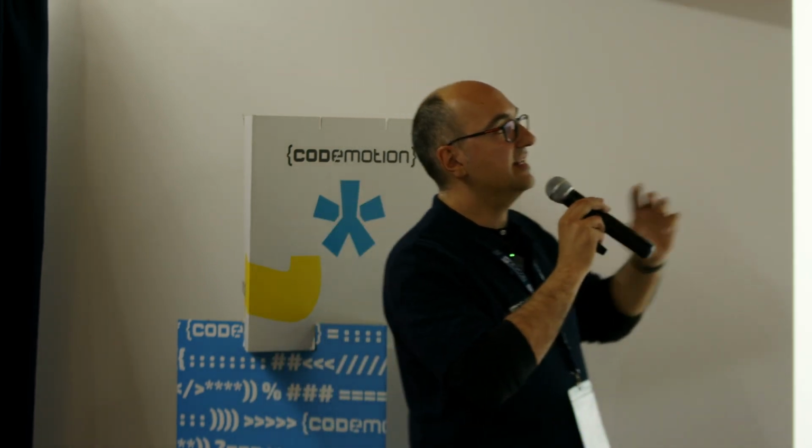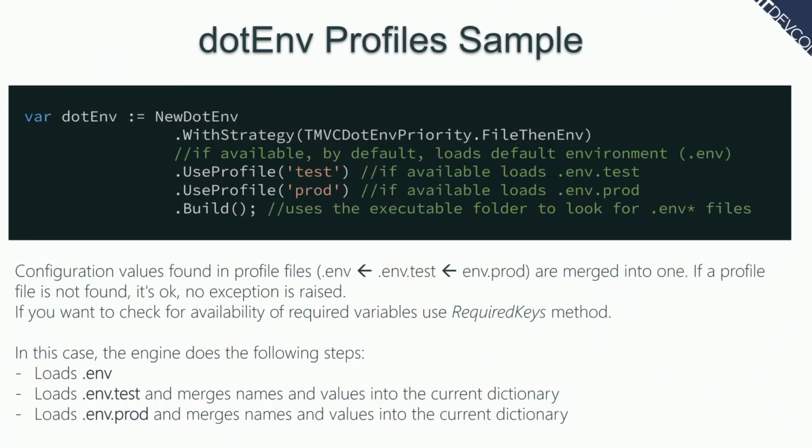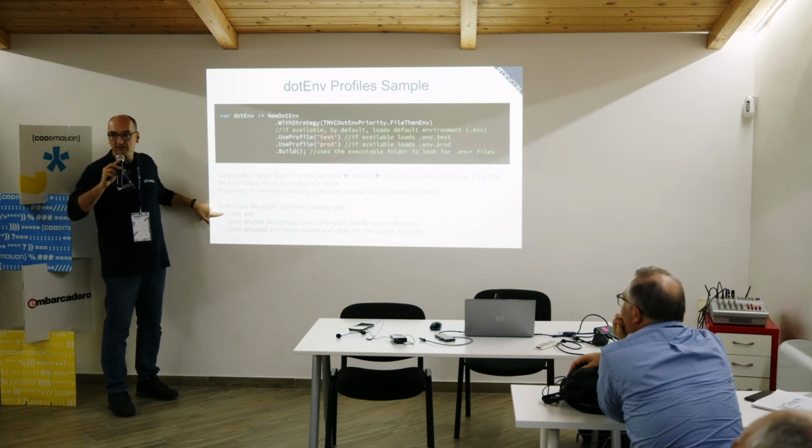Then you can use the profiles, because you have the development profile, but also the test profile, the production profile, a customer profile, and other profiles, and so on. Or the unit test profile, the Docker profile, and so on. So you can use this use profile. In this case, what happens? It starts loading the .env file if present.